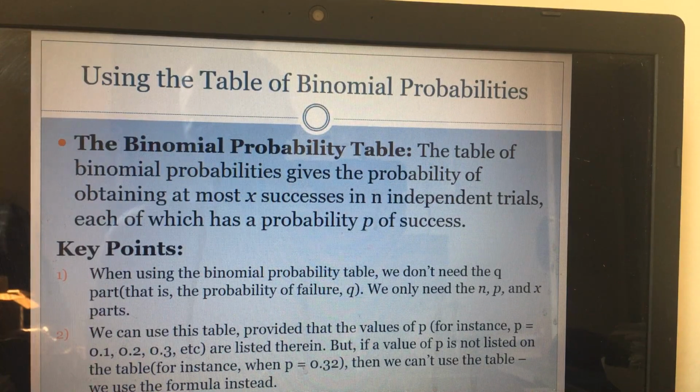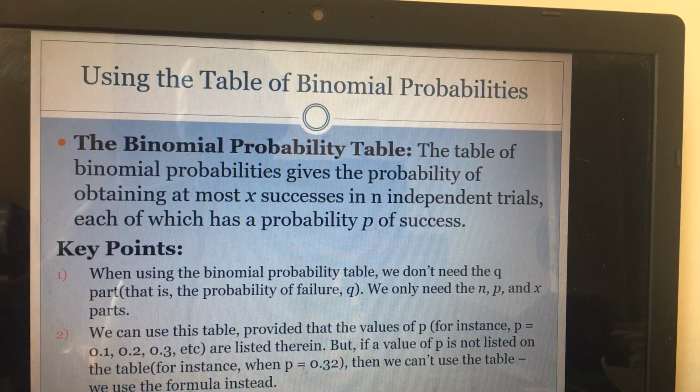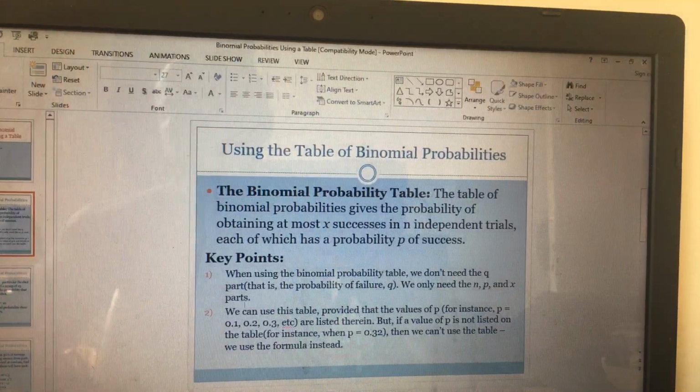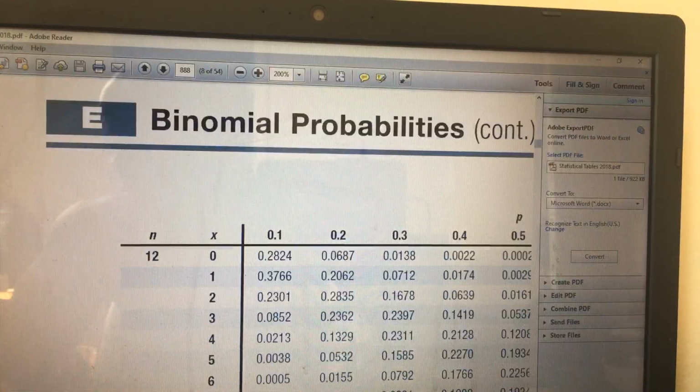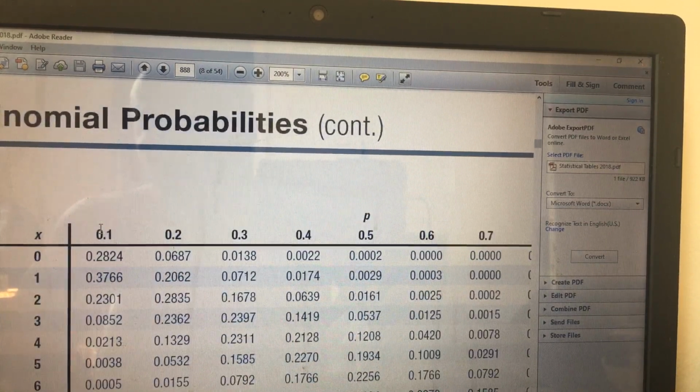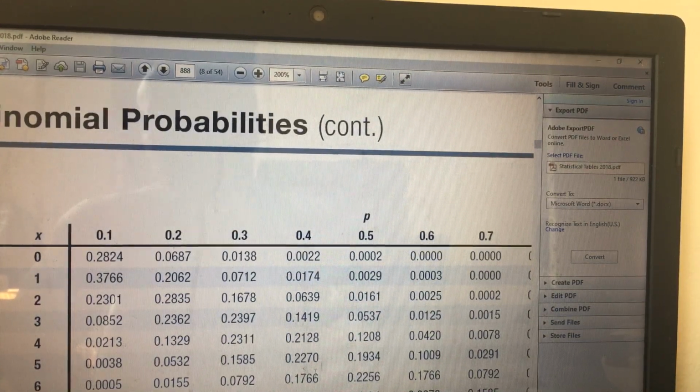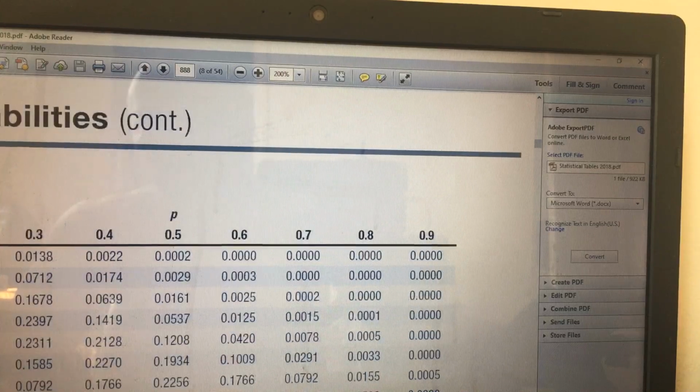Okay. Another limitation is this. This table can only be used for the p-values that we find on the table. When we look at the table again, you can see the various p-values: 0.1, 0.2, 0.3, 0.4, 0.5, all the way to the last one, 0.9, which is 90%.